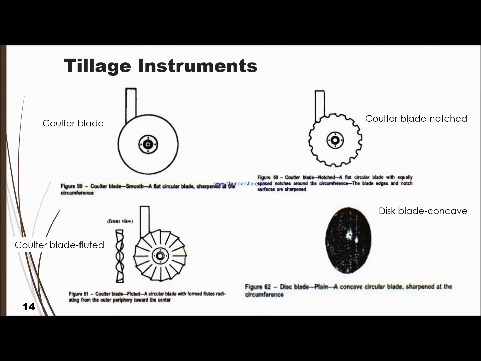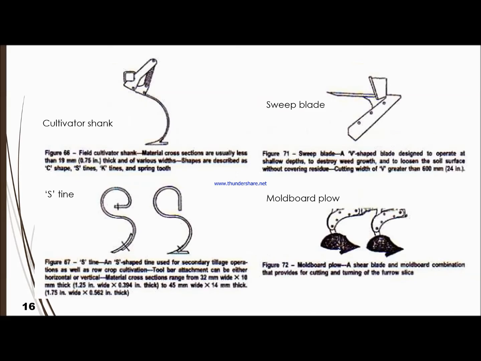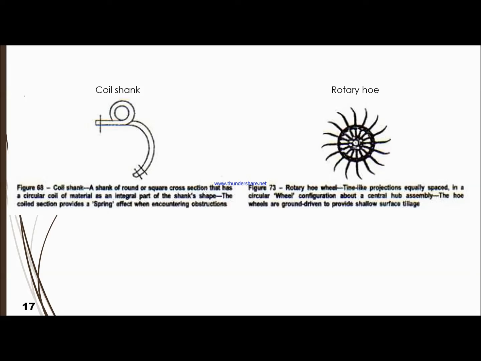And we have another one, the disc blade, concave. Next, other examples: chisel plow, subsoiler, chisel plow heavy duty, and furrow V-shape. And another one is cultivator shank, S-tine, sweep plate, motor plow, coil shank, and rotary hoe.